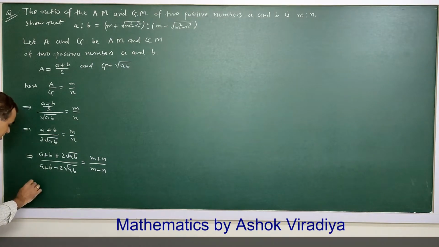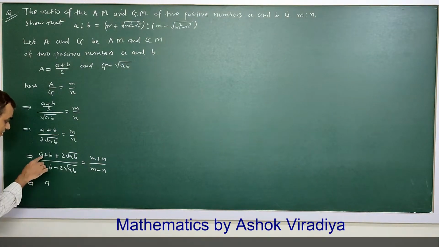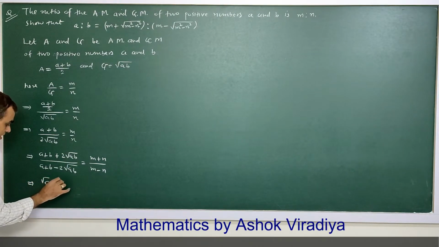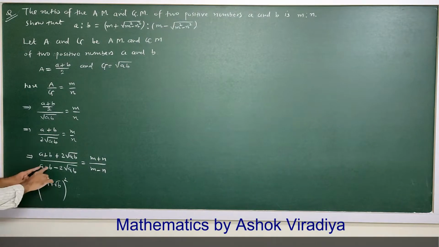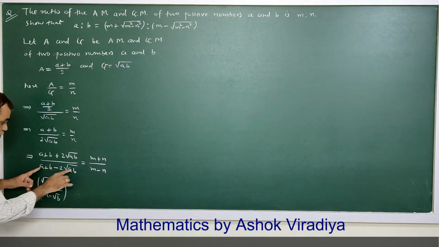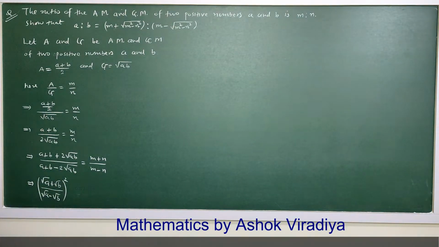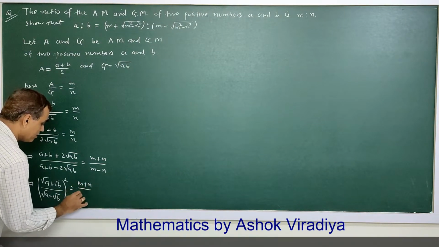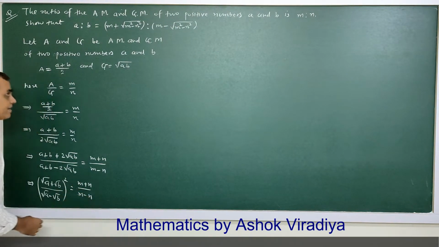So this is now (root a plus root b) whole square, denominator is (root a minus root b) whole square. It is equal to (m plus n) upon (m minus n).